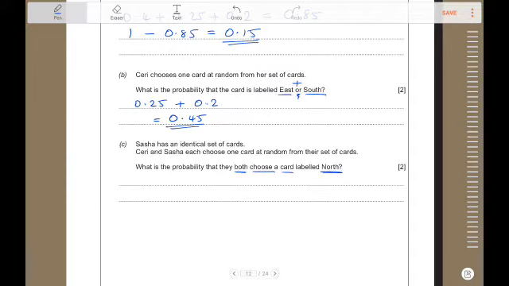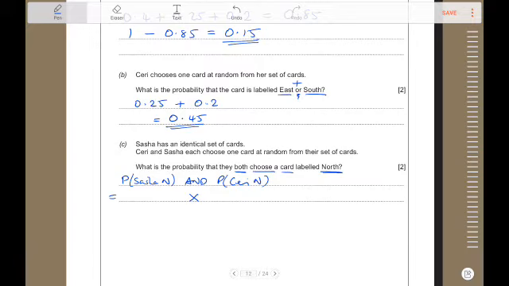So this time both cards are north. Now there's a word they haven't used, but if we're looking for Sasha to choose a card that's got north on it, the key word I just said then was and. So basically, using the notation P for probability, the probability that Sasha picks north and Kerry picks north, what we do then, and means multiply, because this time you'd expect the probabilities to be smaller.